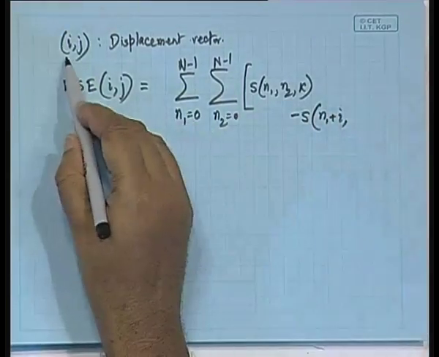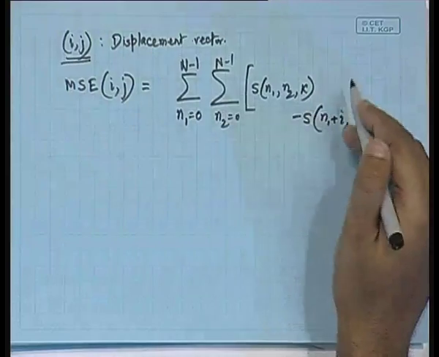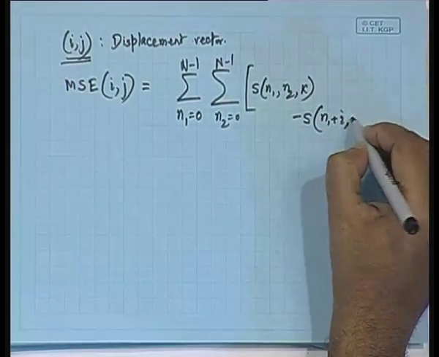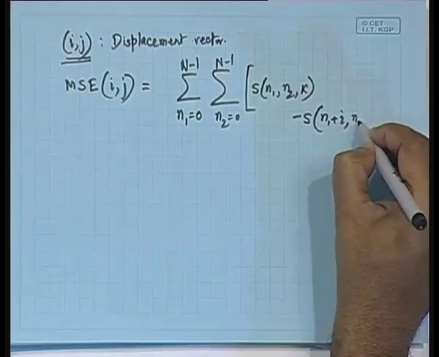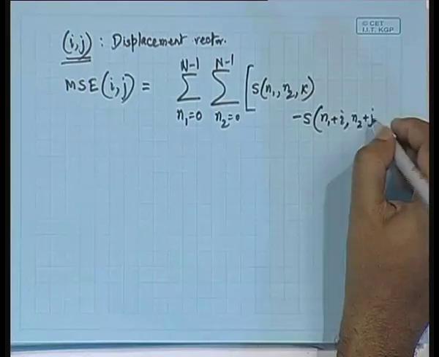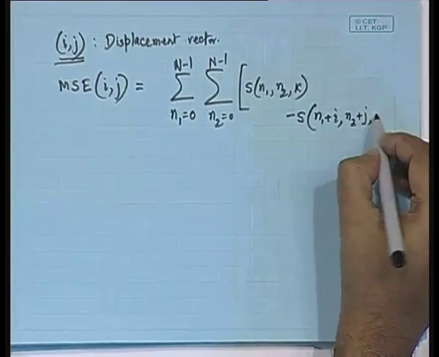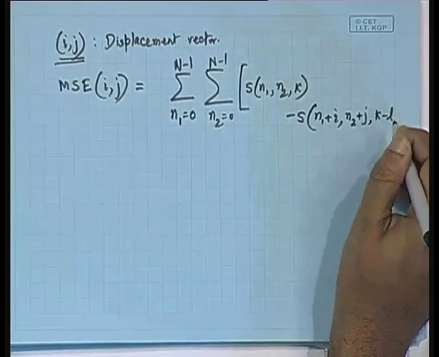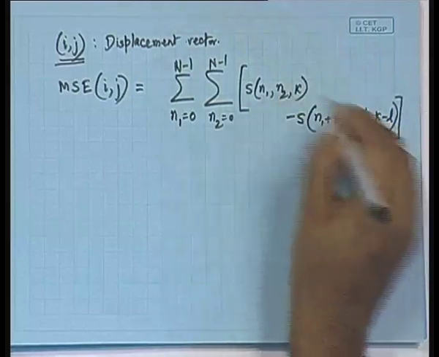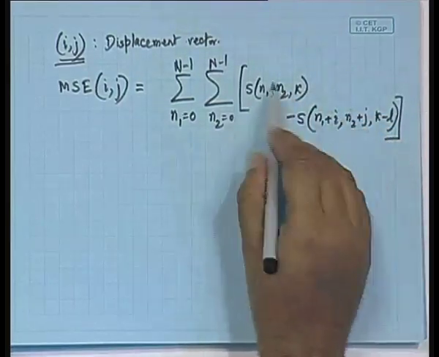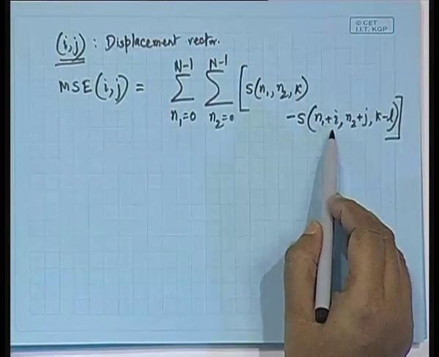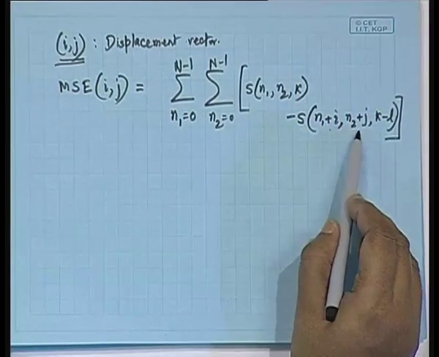Why n1 plus i? Because I have taken i, j to be the displacement vector. So, in the reference frame I will go to the position n1 plus i, n2 plus j, and the reference frame is the past frame. So, I consider k minus L with L greater than 0. So, this is the difference in the intensity at the corresponding position, because n1, n2 is considered to be displaced to n1 plus i, n2 plus j.